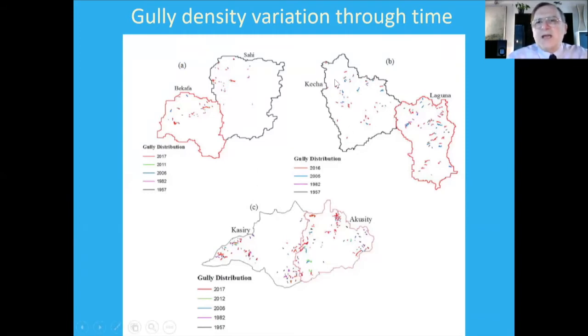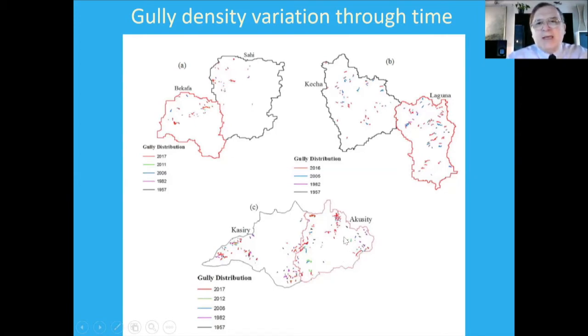For instance, in Aba Gerima, this figure B, we have a lot of gullies scattered across the whole catchment. In Dibate, these catchments here, they are very few and concentrated mainly in the lower part of the catchment.